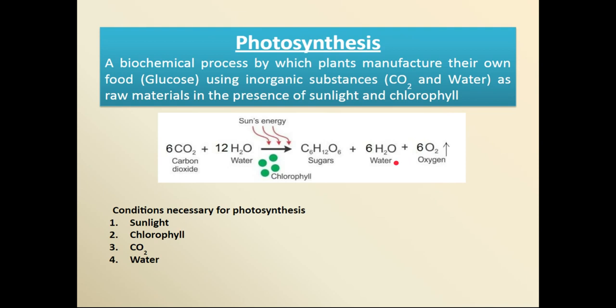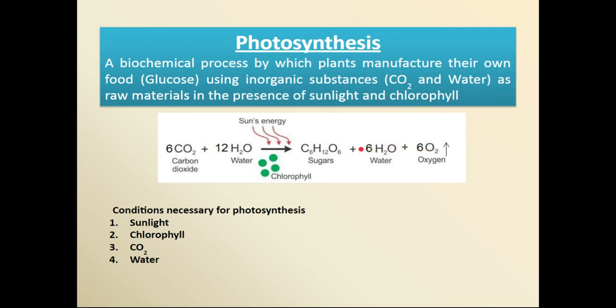These are not required for the process of photosynthesis. These are byproducts, not utilized by the plant. The gas evolution is represented by the arrow. You have to learn this equation as a whole. It is mentioned in the NCERT.